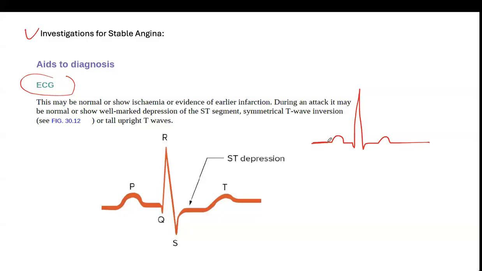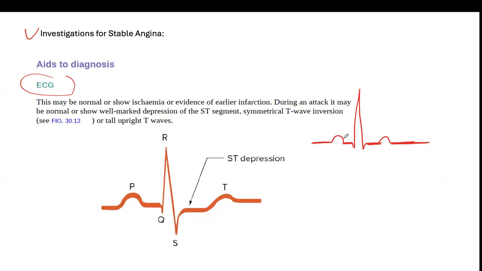So if you see that this is called isoelectric line. So all of them should be in the same line. In a patient who has a stable angina, when they are at rest, they will be having just a normal ECG.